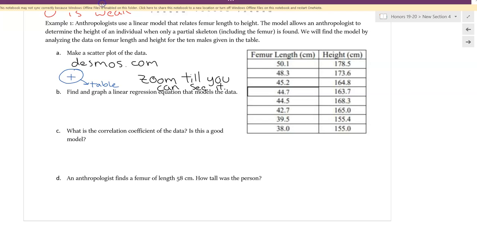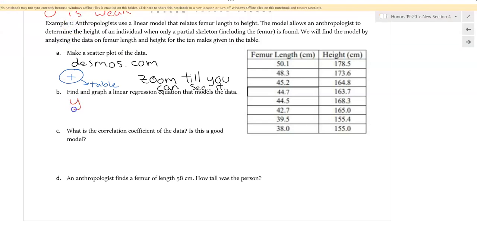So again, we type in y sub 1, the squiggle, x sub 1 plus b.